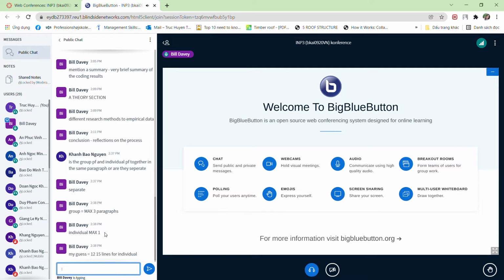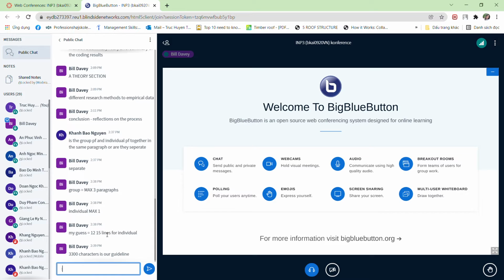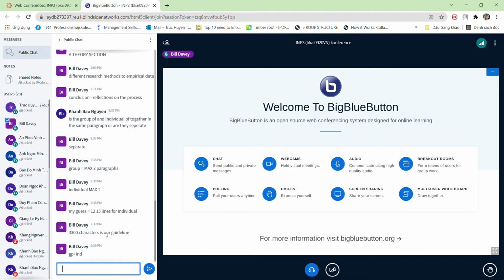Remember last time we said that 3,300 characters is a guideline. And that's for group and individual. It changes from group to group, and it's very difficult for me to be, what is called in English, categorical.